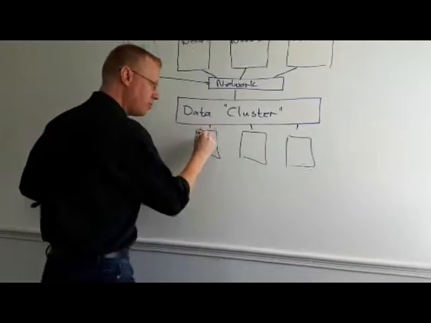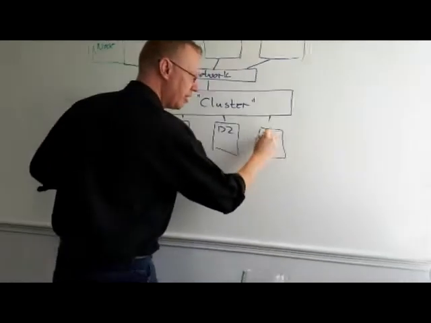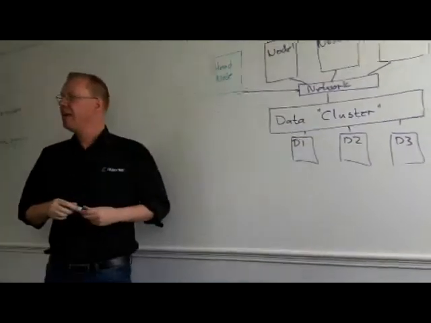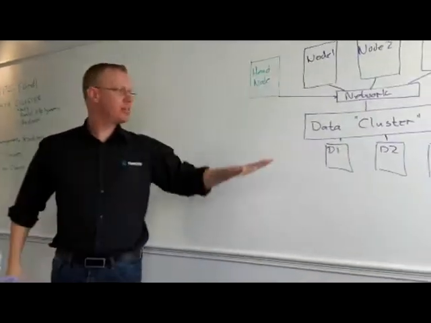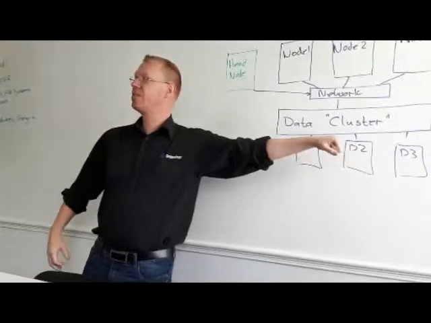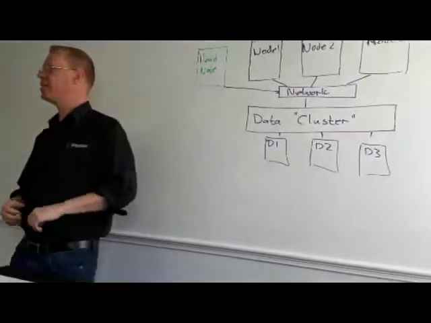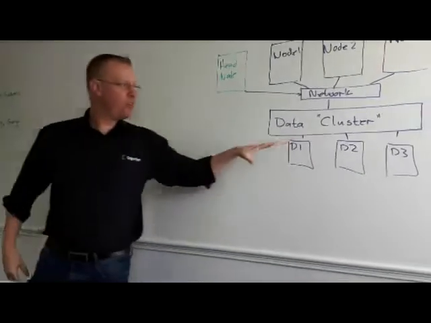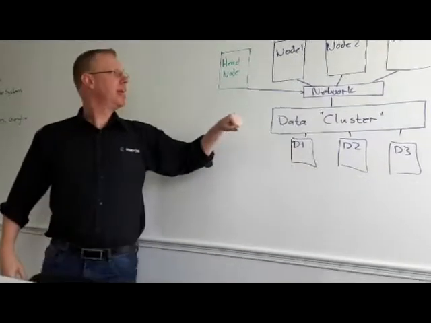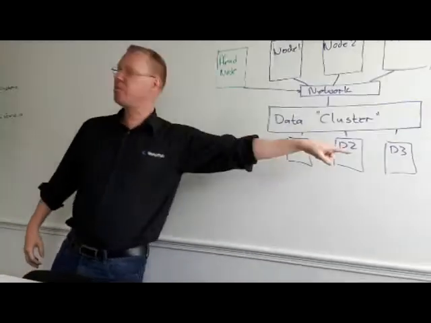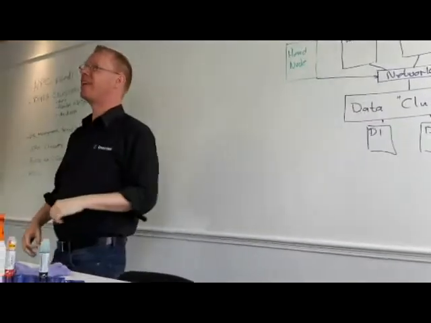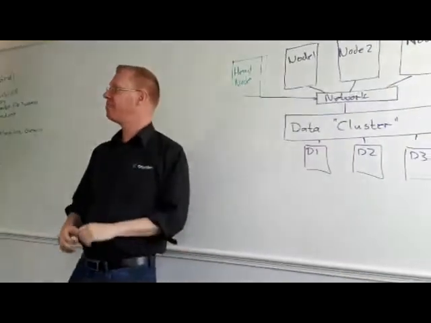So you can call it data 1, data 2, data 3. And the reason you do that is for redundancy, so that any one thing can go down and your data integrity is always maintained. So there's various ways to do that, and all of these guys still need to be able to understand where to get that data.